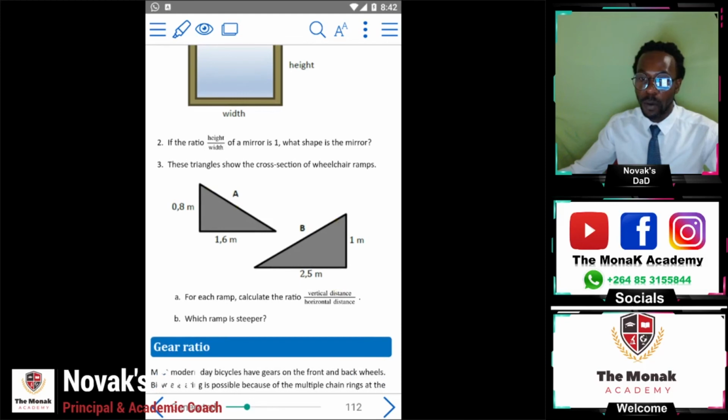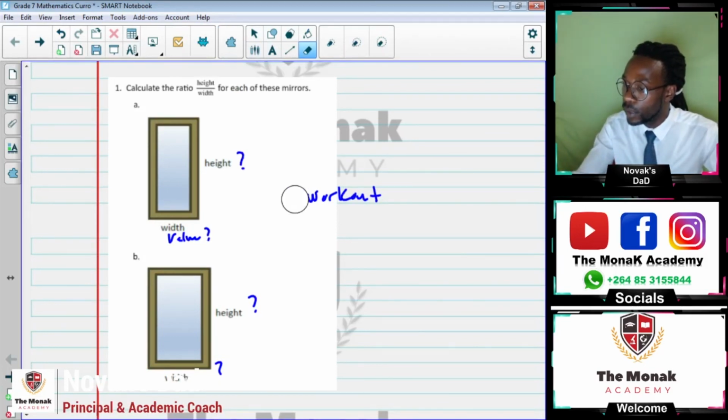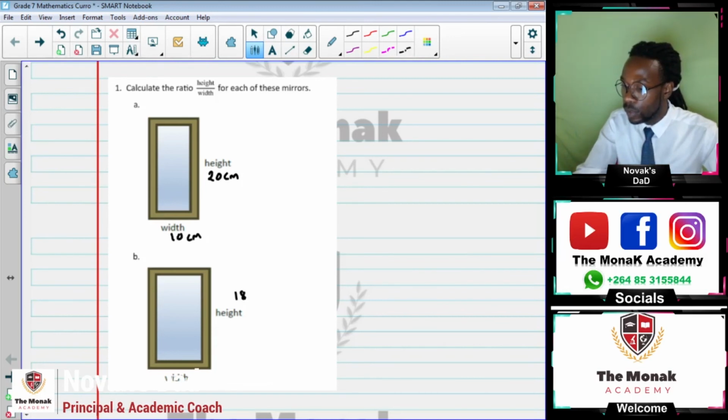We can make up our own. I think that's the best. Let's make up our own numbers. So if we assume this is 20 centimeters, this is 10 centimeters, this is 18 centimeters, this is 12 centimeters, now we can calculate.